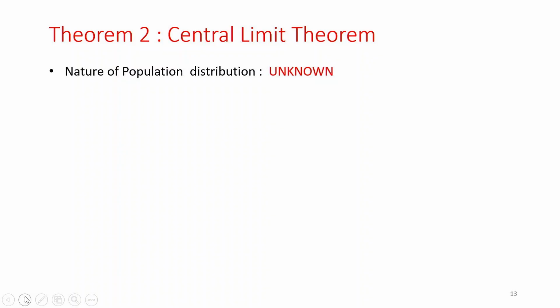So suppose in many cases we don't know the exact nature of the population distribution, which will remain most of the time unknown to us. But let us say now the population mean is mu and the variance sigma squared, this is known somehow from the past data.